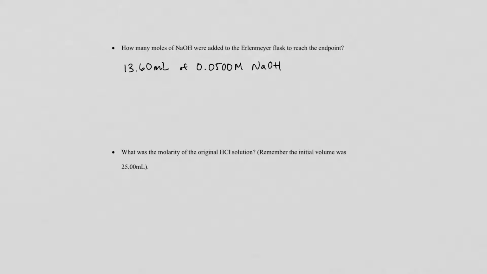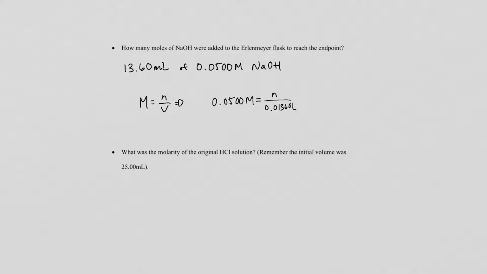So we can calculate moles. We're remembering that the molarity equals the number of moles over the volume. So 0.0500 molar equals number of moles over 0.01360 liters. Remember, we have to go to liters.